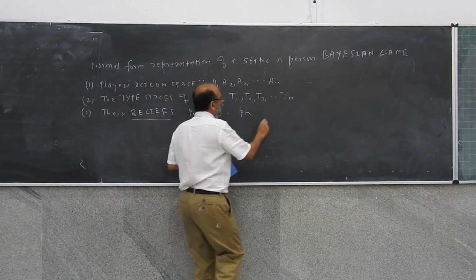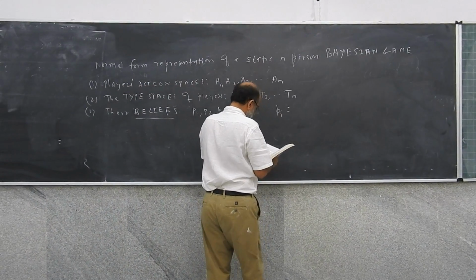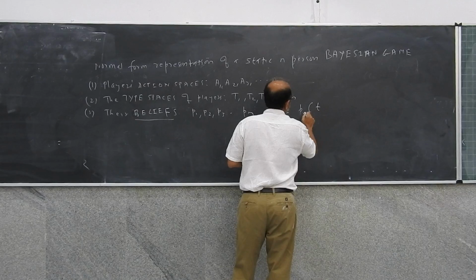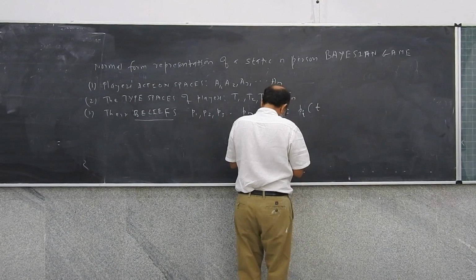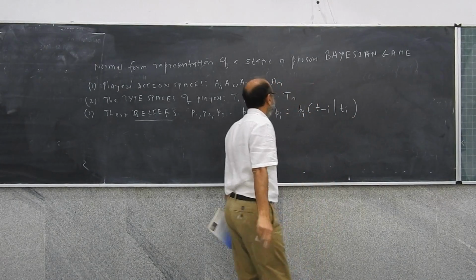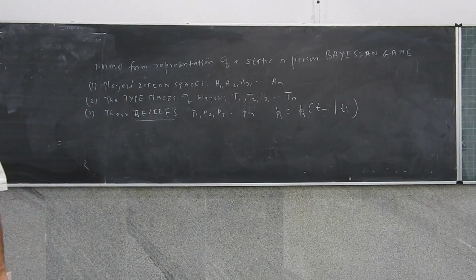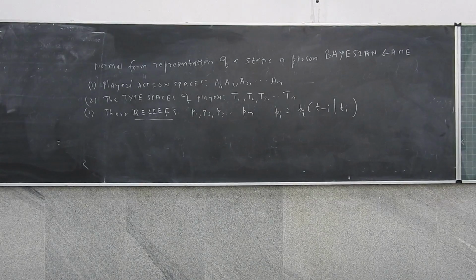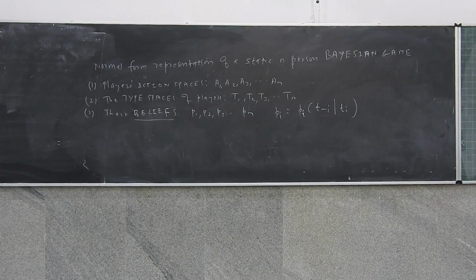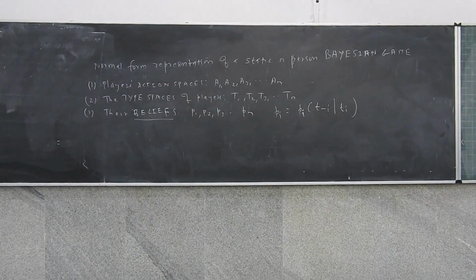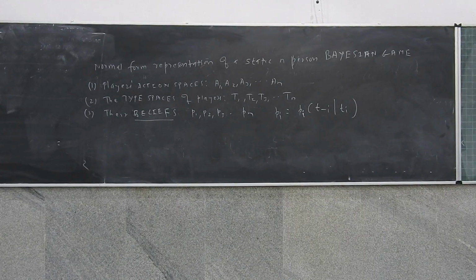So we'll write these beliefs as follows. The beliefs are really conditional probabilities. T minus i is the type set of all other players except the ith player.